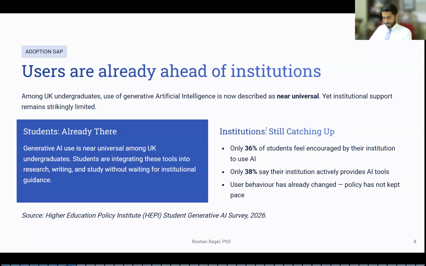Even where I'm coming from, whenever I go to a class or a group of students and ask, every student is using generative AI tools for retrieval, for finding information, for generating learning material and whatnot. But if you take institutions, it's not the case. The study finds that only 36% of institutions are encouraging students to use them, and only about 38% have provided some tools.